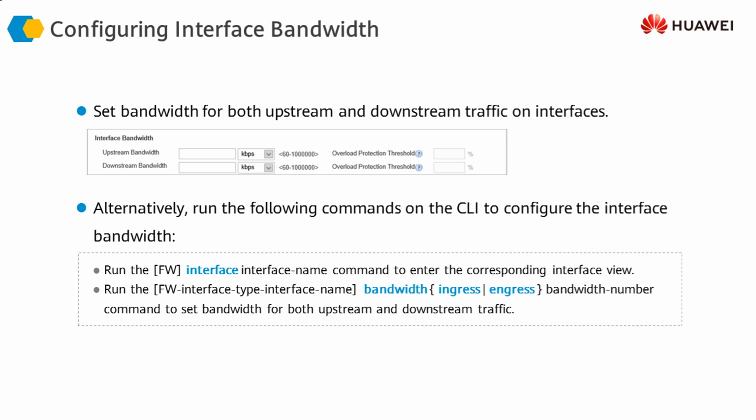Here we give the overall bandwidth that is actually available on the interface. And we can put an overall protection threshold. For example, the overall bandwidth is 100 meg, however we want the protection threshold to be at 90%, so that we are not allowed to consume more than 90% of the bandwidth on this interface. So you can provide an overload protection both in the upstream as well as in the downstream direction.